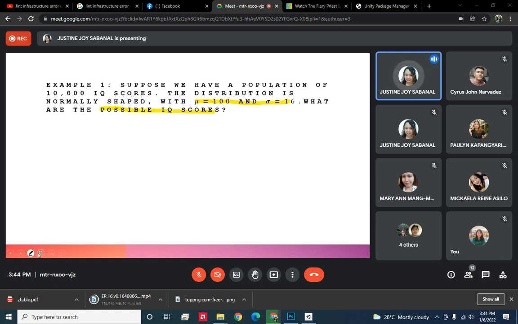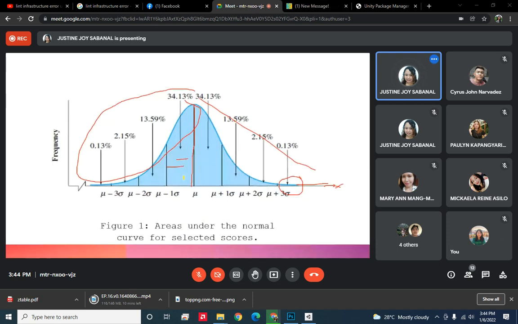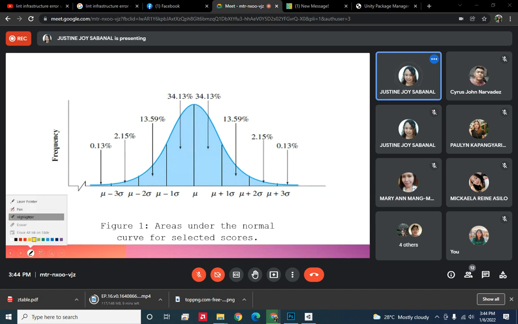computin. So let's go back po doon sa ating note lang natin that the mean is 100, the standard deviation 16.